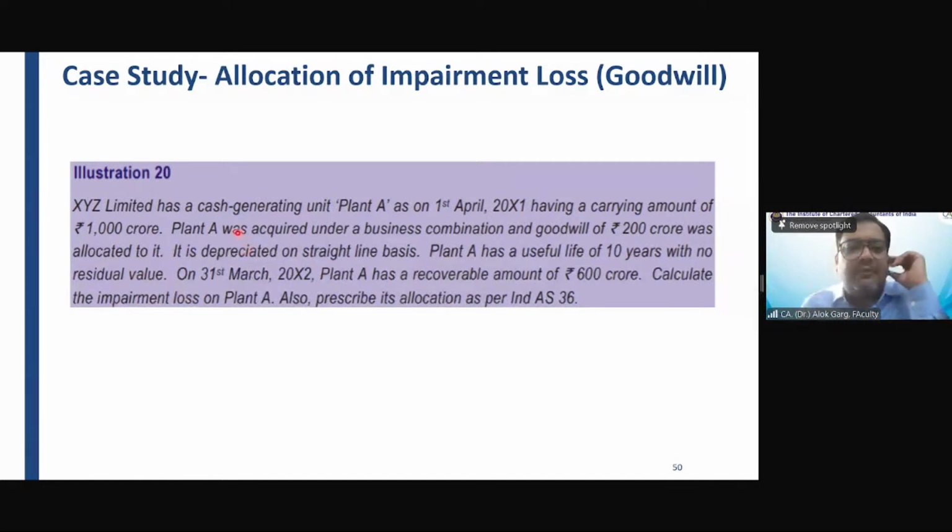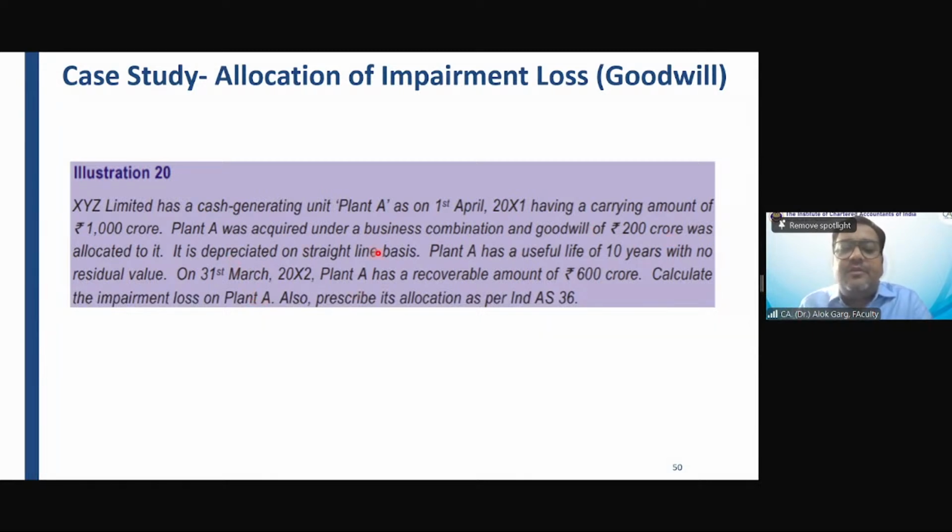So what is given in the question? The question talks about a cash generating unit, which is plant A. The carrying value of the cash generating unit is also given, which is 1000 crore. This plant was acquired under a business combination and goodwill of rupees 200 crore was allocated to it.